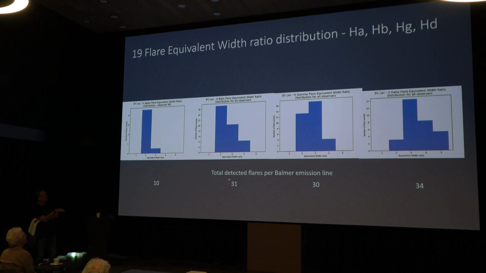Hydrogen beta 31, that's the line I look at all the time. Hydrogen gamma 30, and hydrogen delta is the one that gives the highest frequency of flares, and that's the way they've put the data into flare equivalent width ratios and distributions for all observers.